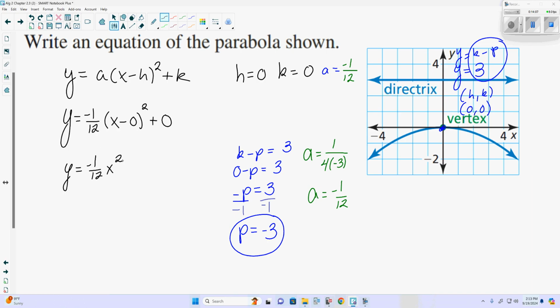But adding the 0 to the end doesn't do anything, so really, all we need is y equals negative 1/12 x squared. And that's it. Questions on this here? We ready for the next one?